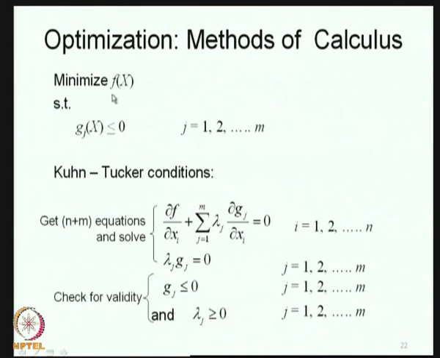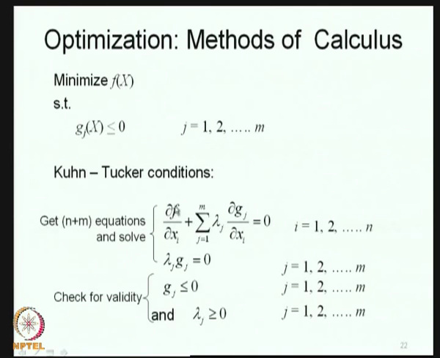df by dxi, which is the first partial derivative of the original objective function with respect to the ith variable, plus summation j equal to 1 to m, since you have m constraints, lambda j dgj by dxi, which means the jth constraint differentiated with respect to the ith variable. Remember, we are writing this condition for a given i equal to 1, 2, etc., n.